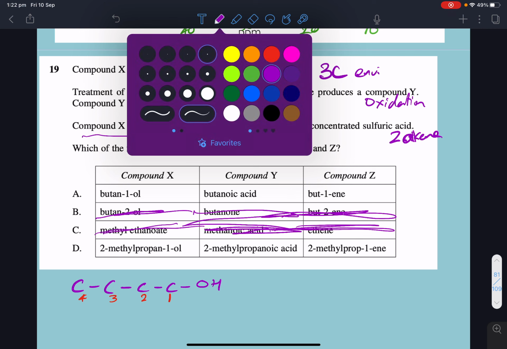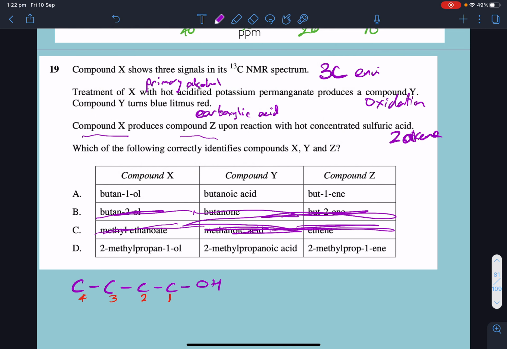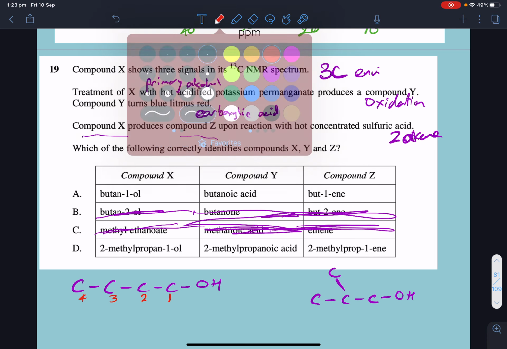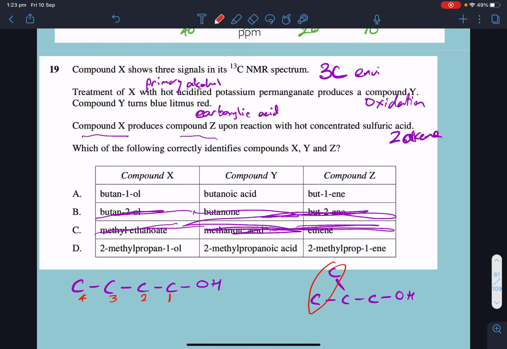Let's look at 2-methylpropan-1-ol. These two on the left hand side are going to be the same carbon environment, you can interchange between the two. So 1, 2, 3 carbon environments. So D is the answer there.